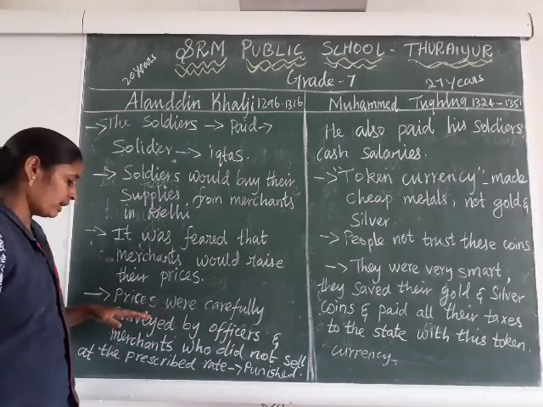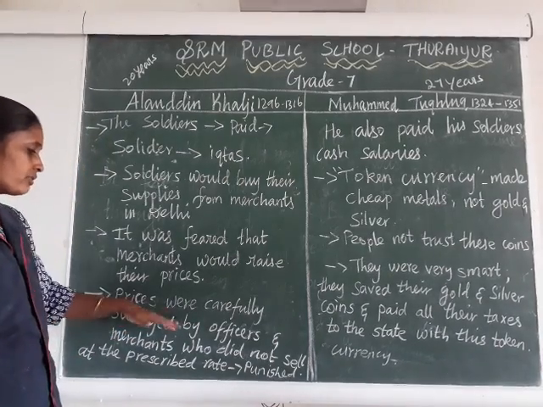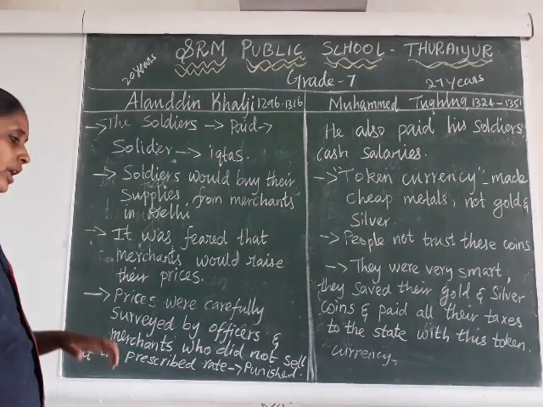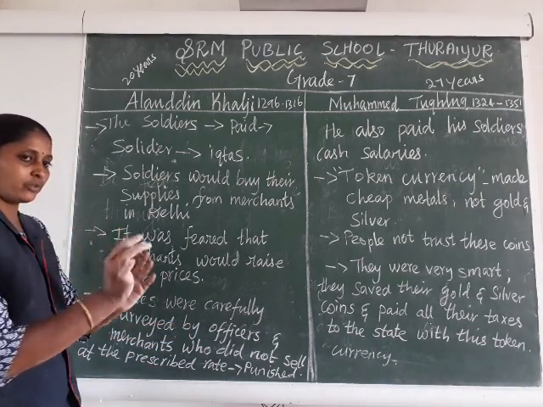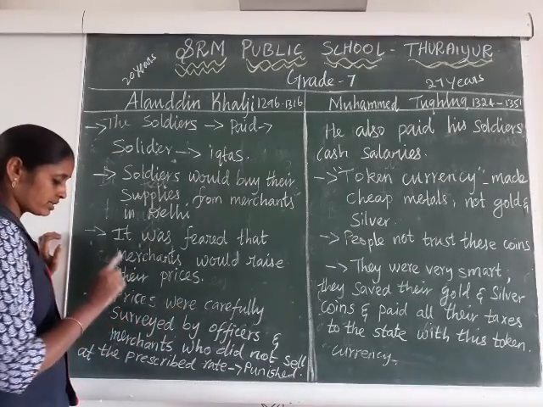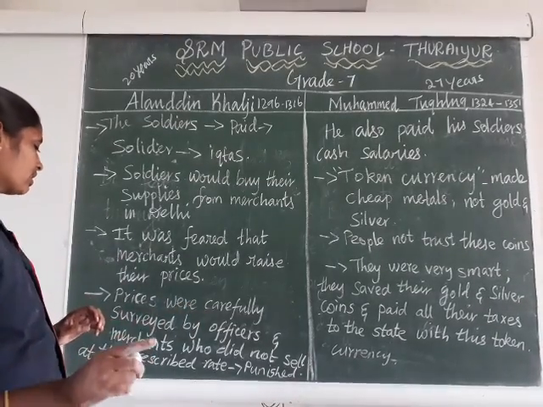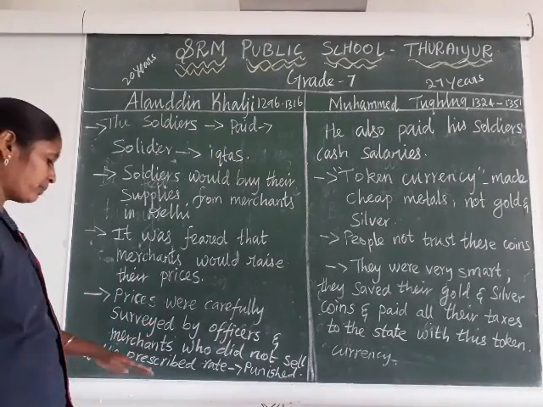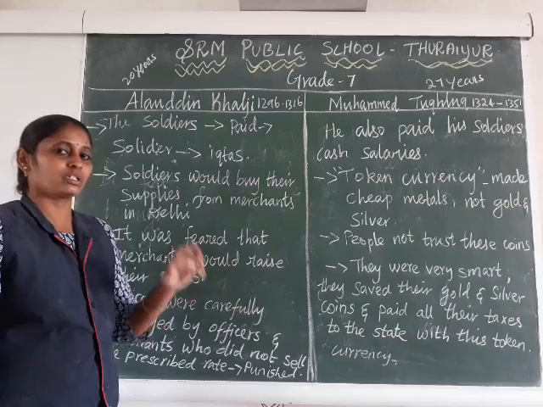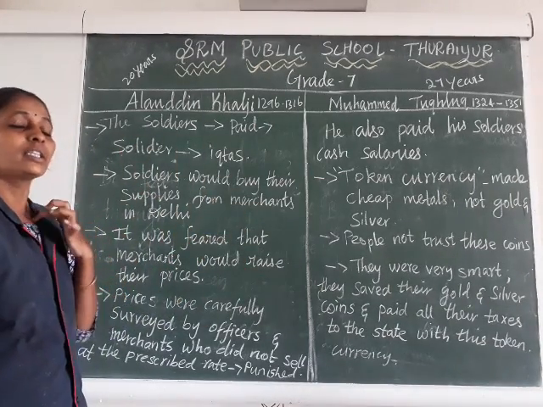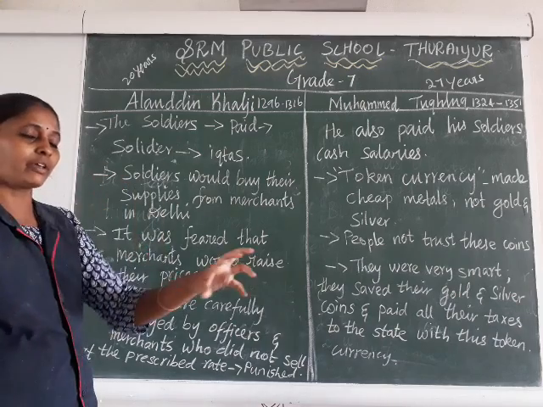Here, just read: prices were carefully surveyed. They measured the product and allotted the price. The prices were carefully surveyed by officers, and merchants who did not sell at the prescribed rate were punished. Suppose the government prescribed that you have to sell wheat at this rate; they fixed the rate.